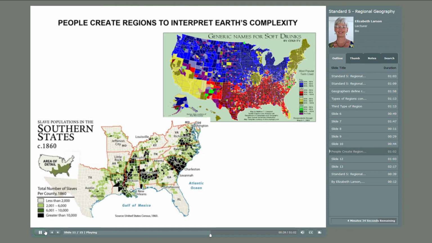Regions can be as small as a neighborhood or as vast as a territorial expanse covering thousands of square miles, in which the inhabitants speak the same language.